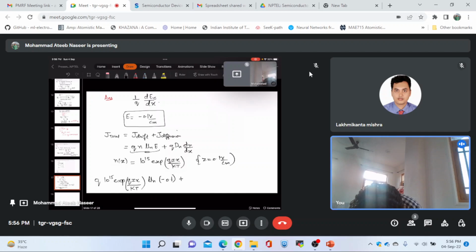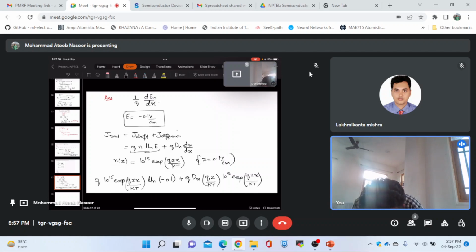Now for the diffusion term, it will be Q times D_n times the derivative dn by dx, which will simply be equal to qz by kT into 10 to the power 15 exponential of qzx by kT. Now, if I take some factors to be common, it will simply mean this.